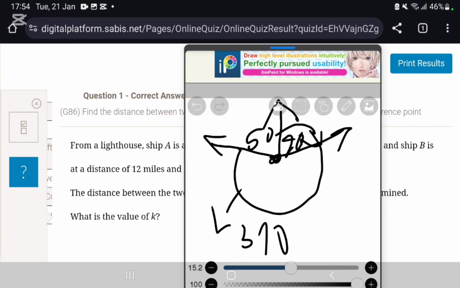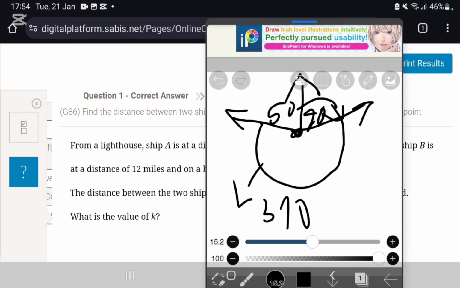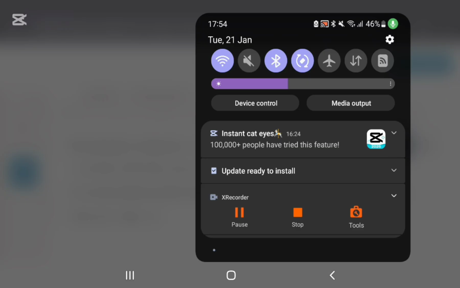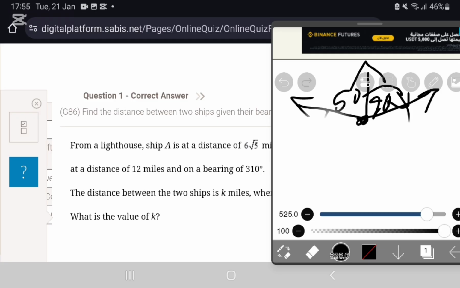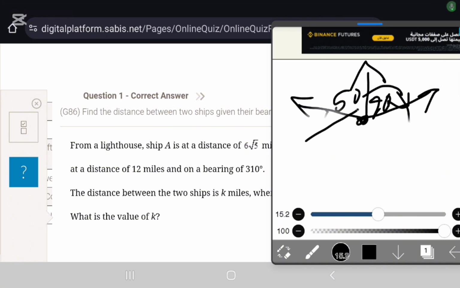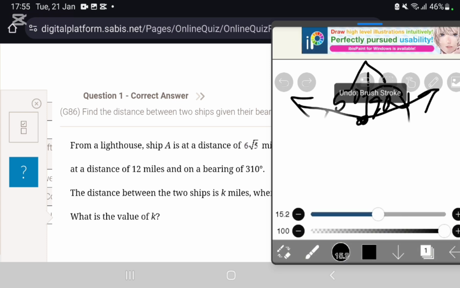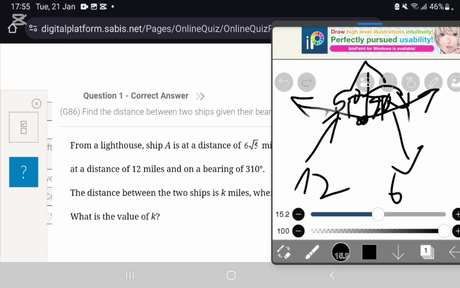If this is 50, then what is the total angle? This angle here is 50, and this angle here is 40. Together they are 90, so a right angle over here. And this is 12, and this is 6 radical 5.